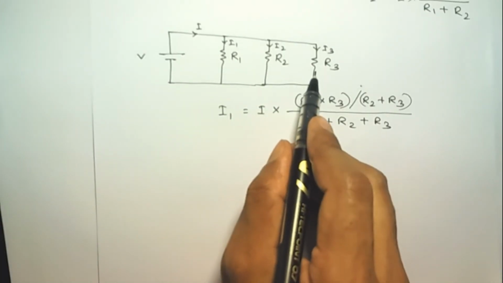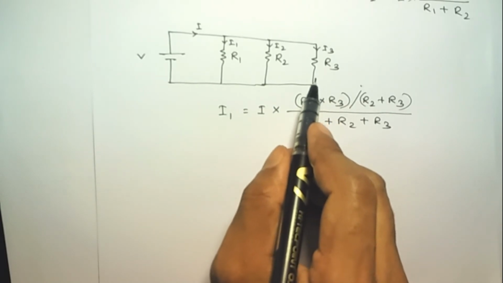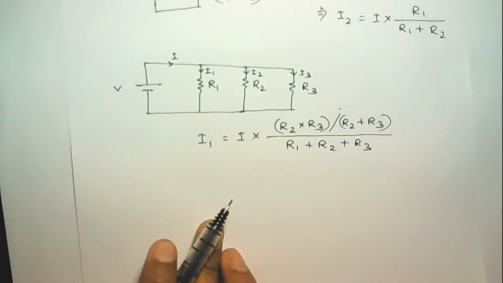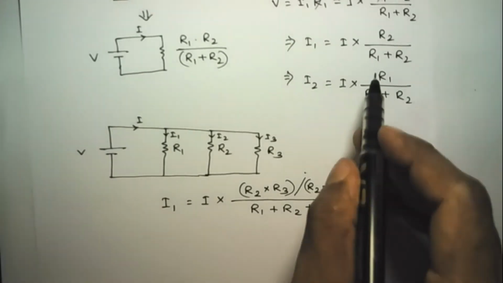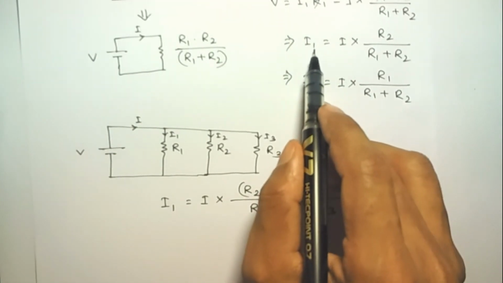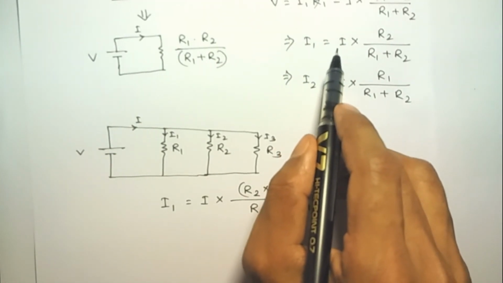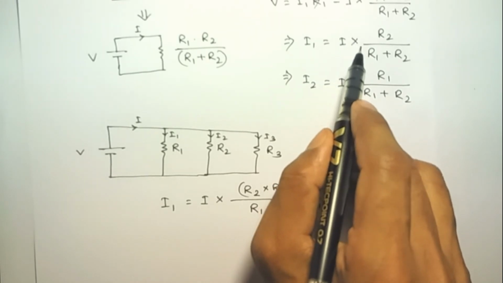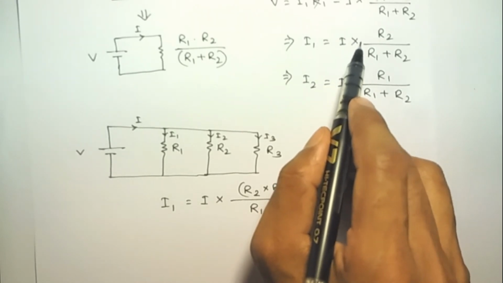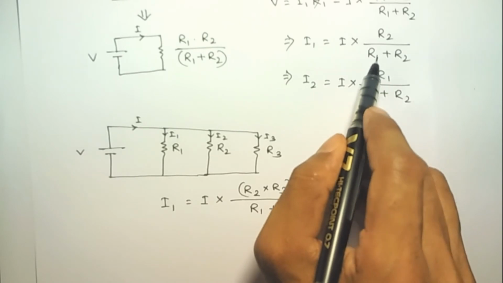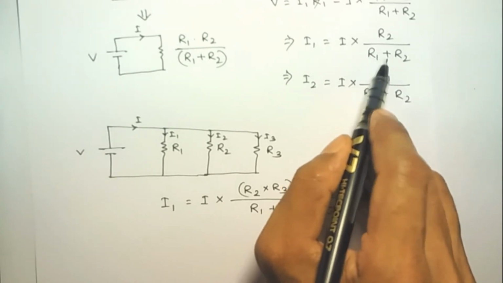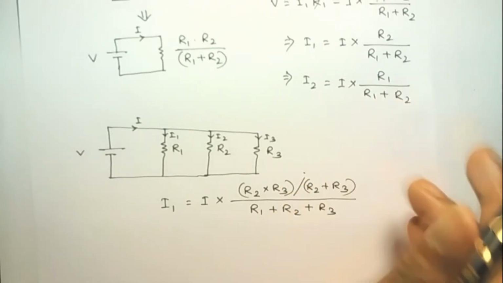Here we have connected another resistance R3 in parallel. Before calculating I3, we'll look at the previous one. I1 equals the total current I multiplied by R2 divided by the total resistance R1 plus R2.